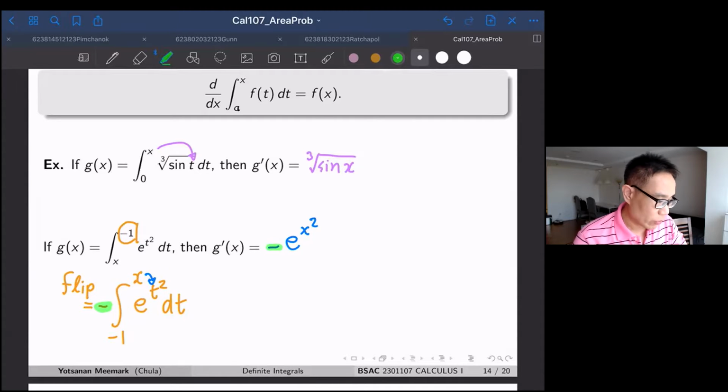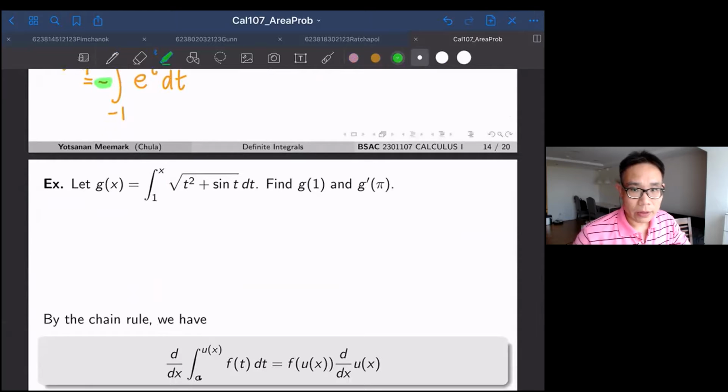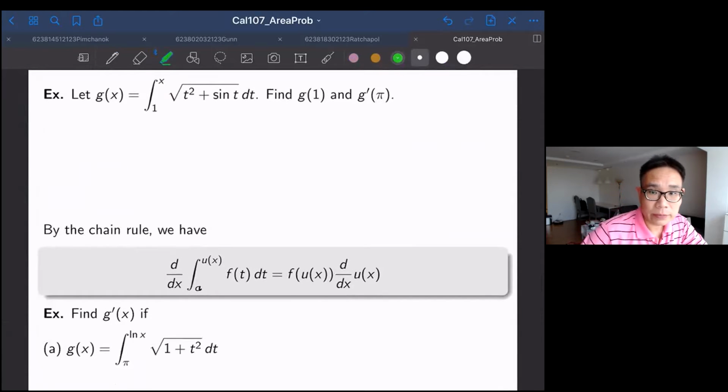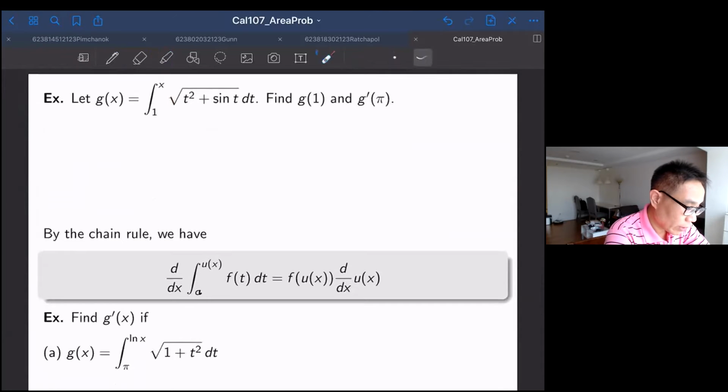The next one is g(x) equal to the integral from 1 to x of the square root of t squared plus sin t, and you want to compute g(1) and g'(pi). Plugging in x equal to 1, you get the integral from 1 to 1.